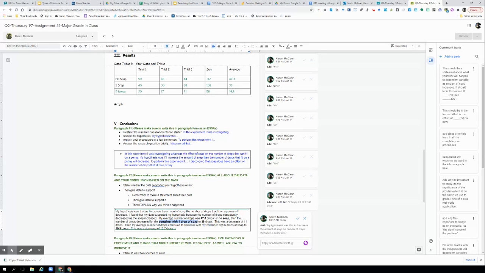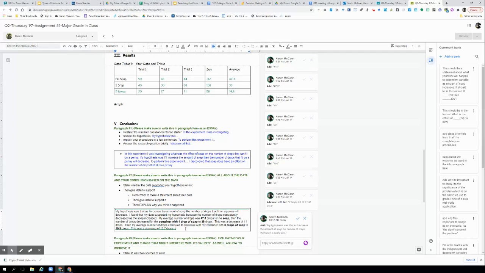You make sure that you are specific, because sometimes people just say it decreased or they're not specific enough. You're supposed to really talk very specifically about your data here to prove your point better. So this is one of those times where repeating yourself is actually a good thing. The more information that repeats what you're trying to say, the more you're proving it.